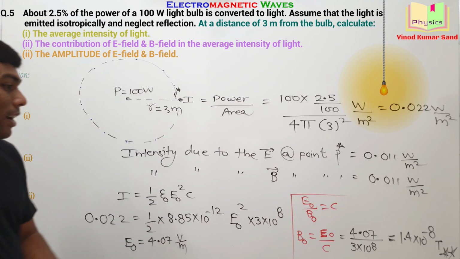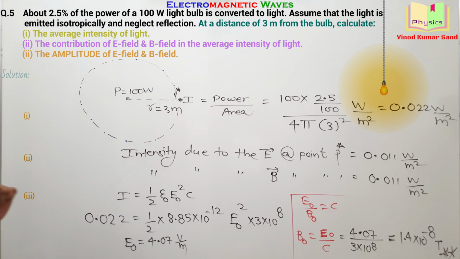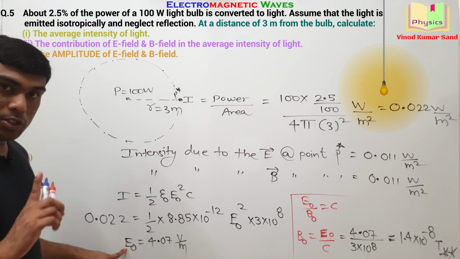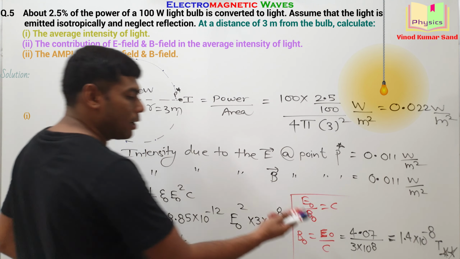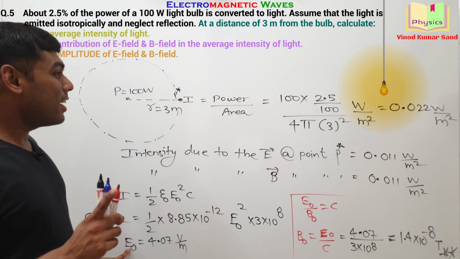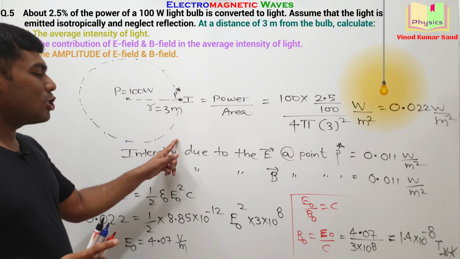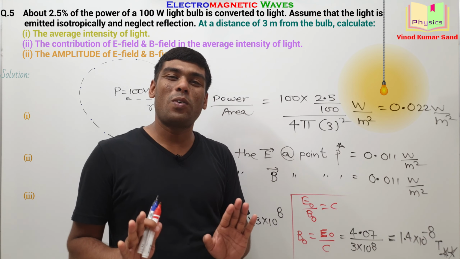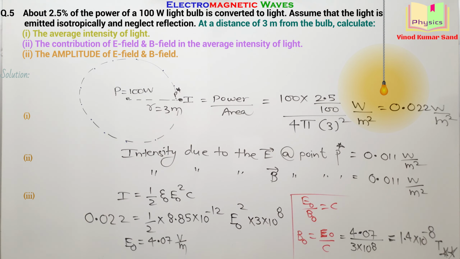Got it? Another interesting insight. Amplitude of electric field is much greater as compared to the amplitude of the magnetic field. But in the intensity or in the energy density, both components will have the equal contribution. You should note down all these informations.